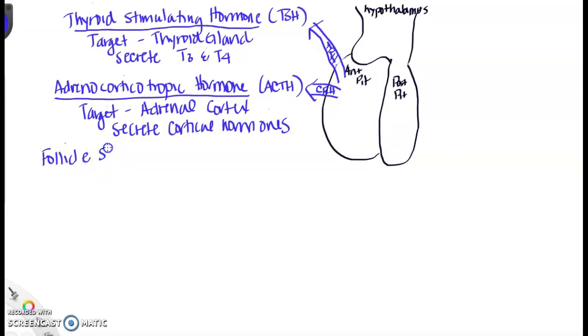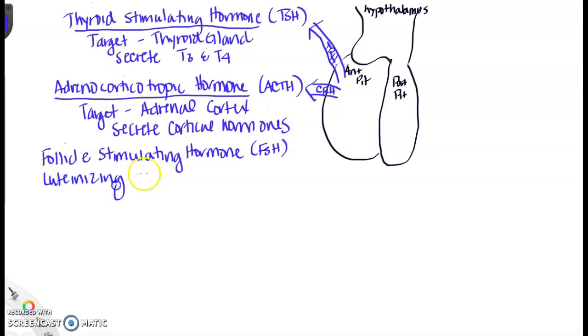All right, the next one is follicle stimulating hormone, or FSH, and with it comes luteinizing hormone, or LH. Again, they are from the anterior pituitary, and they are released in response to gonadotropin releasing hormone.